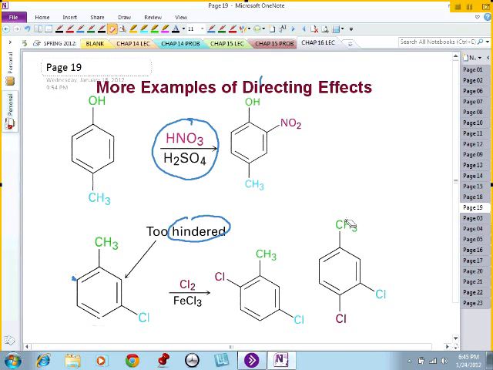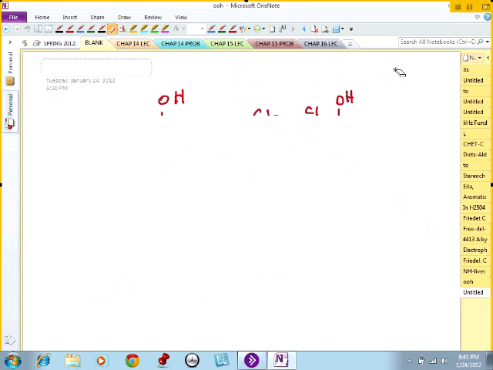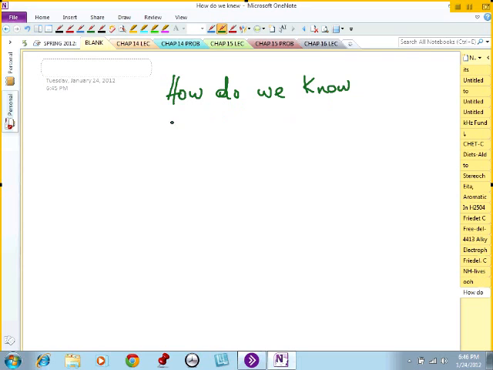Don't forget that the alkyl groups are ortho-para directors. You see that? Everybody see that? Now the question is, how do we know which are ortho-para directors and meta-directors?